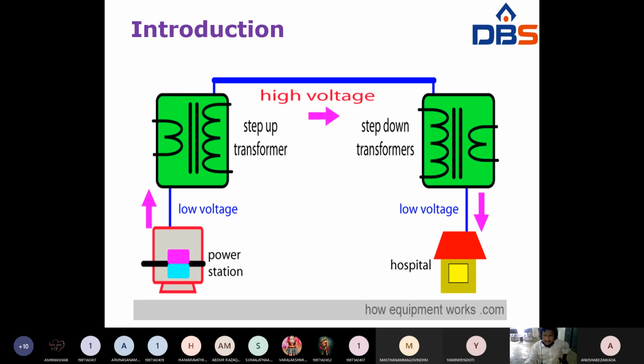So these are the transformer part, the syllabus of transformer. First go for the introduction. Generally, what is meant by a transformer?